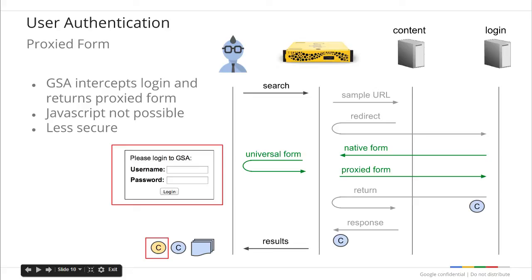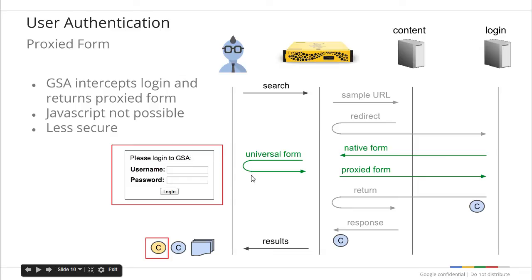When the login form is proxied, the GSA presents its own universal login form to the user and maps and inserts those field values into the login server form fields. Other form fields might also be present if other credential groups are defined within universal login.